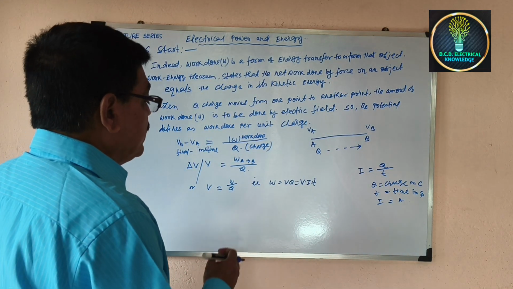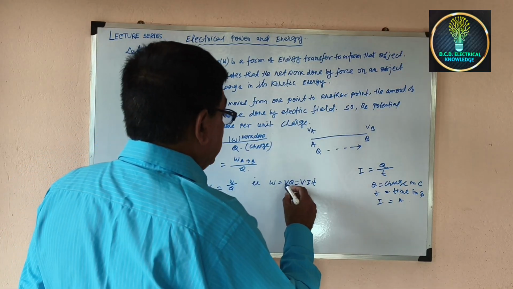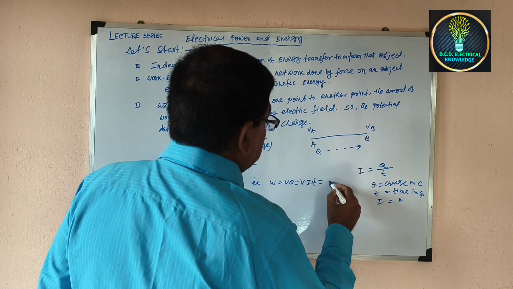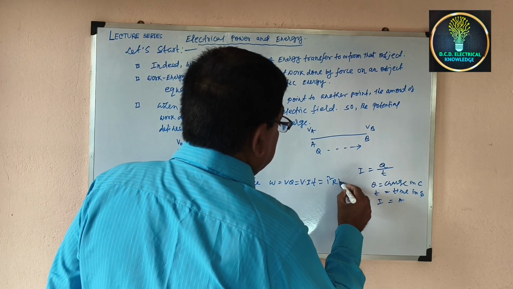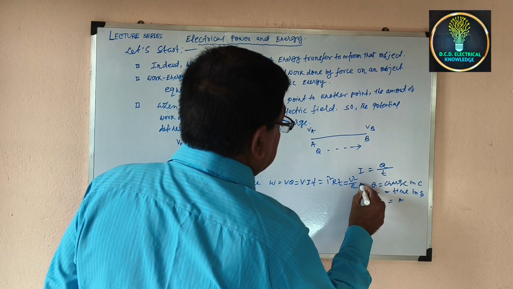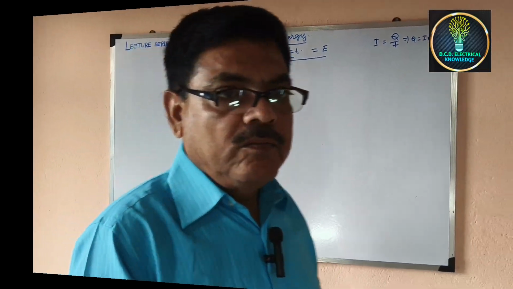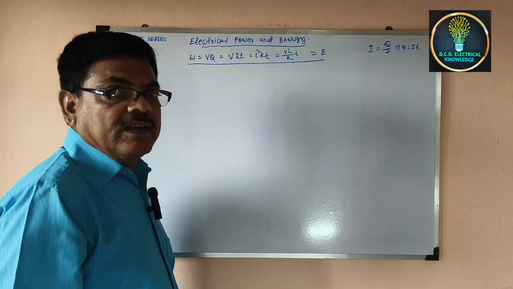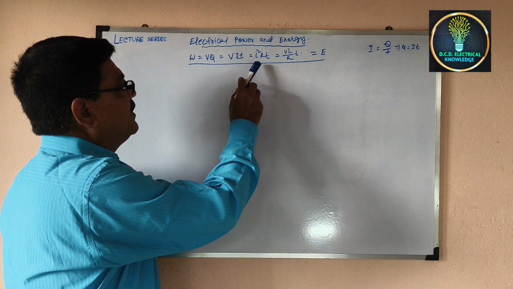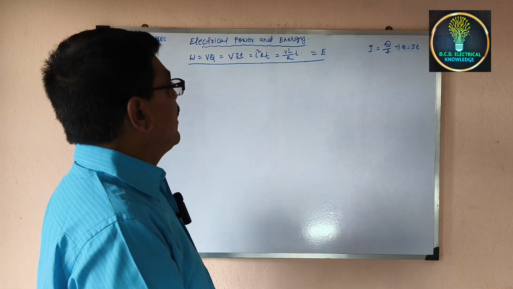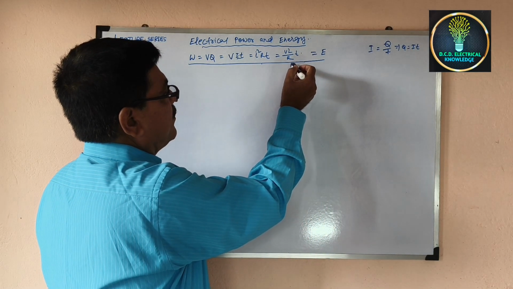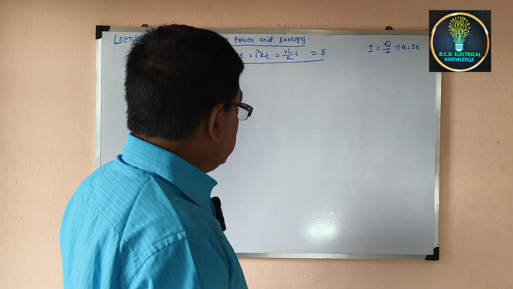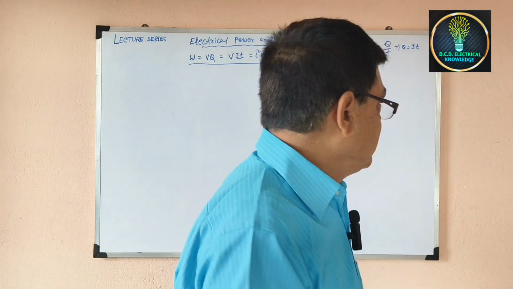Okay, now we can write work done is equal to VIT, is equal to I square RT, is equal to V square by R into T. Now we can see the work done W is equal to VIT or I square RT or V square by R into T. That is E. E means energy.